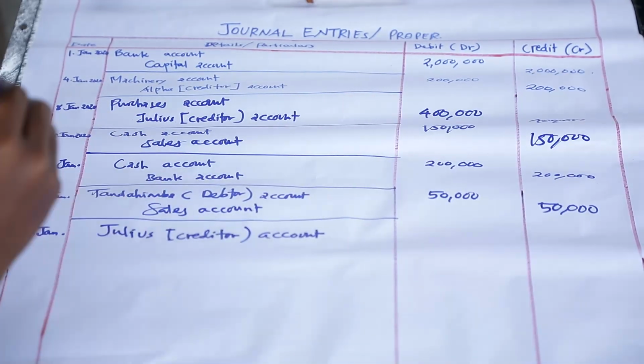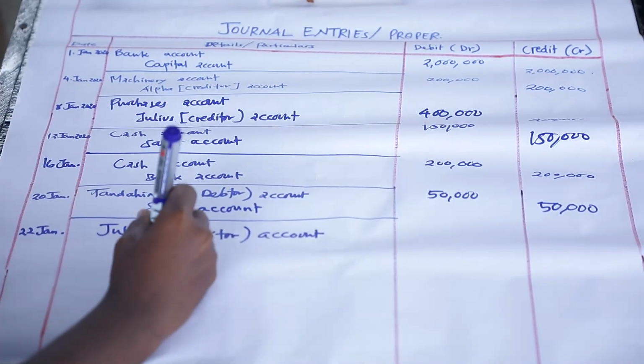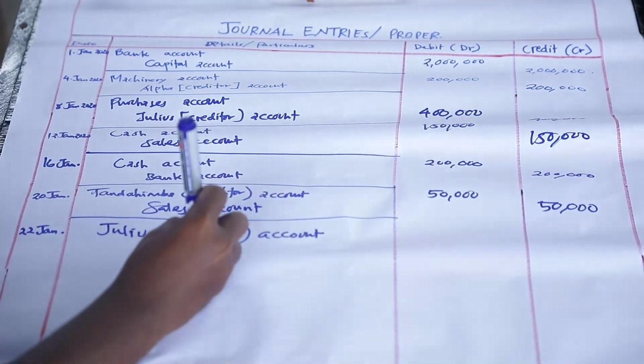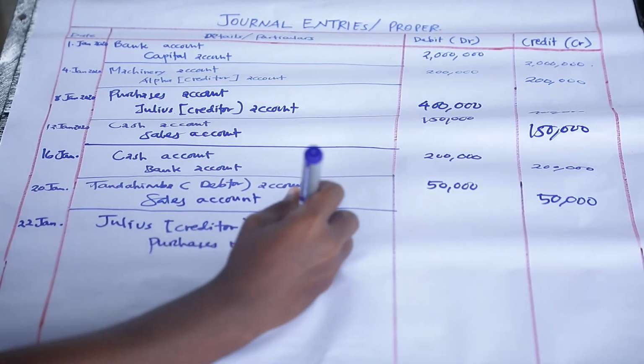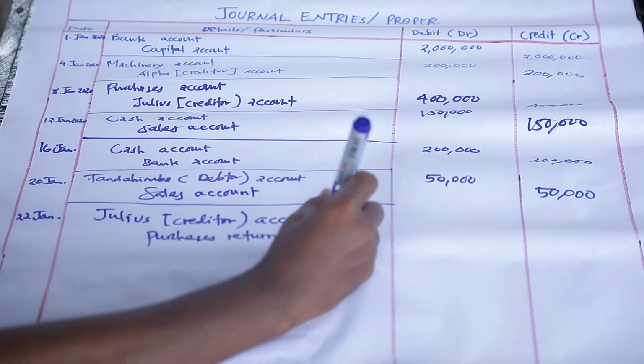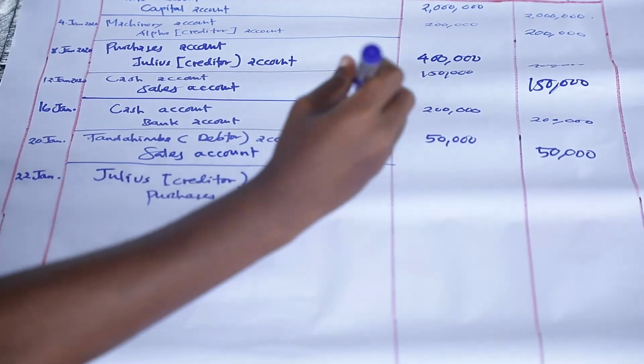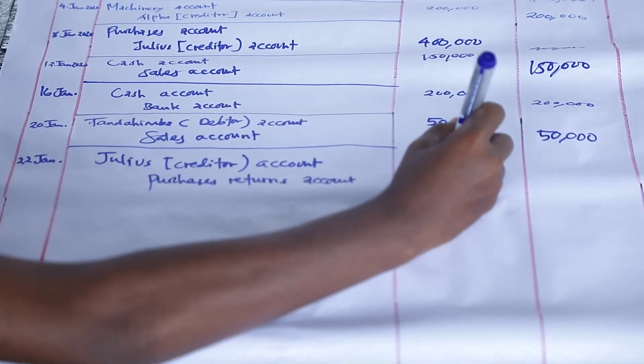Now we are going to credit the purchases returns account, and mind you that purchases returns is also known as return outwards, so you can use either of the names, and the amount is 15,000.